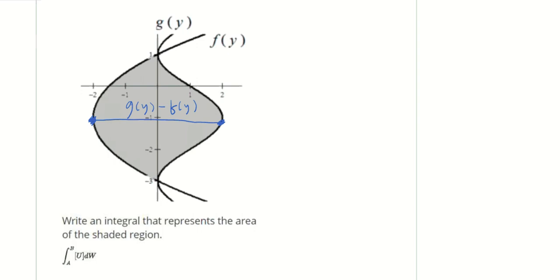We're going to integrate with respect to y, and as a result, I'm going to integrate g of y minus f of y as y runs from -3 up to +1. So a would be -3, b would be +1, u would be g of y minus f of y, and w would be y.